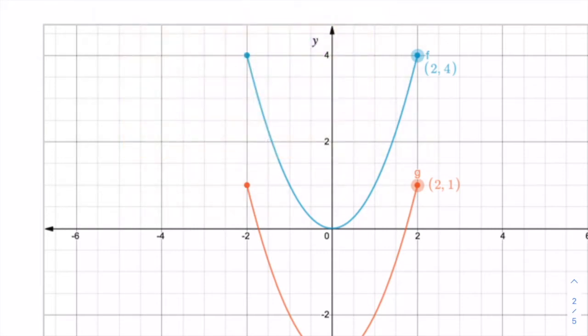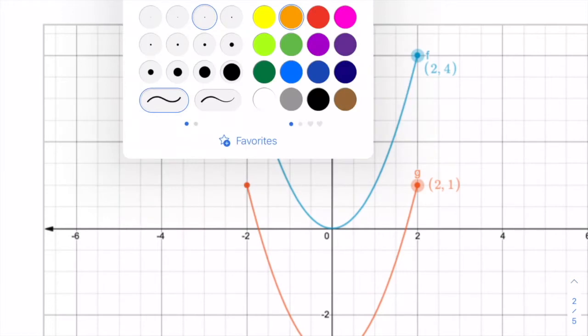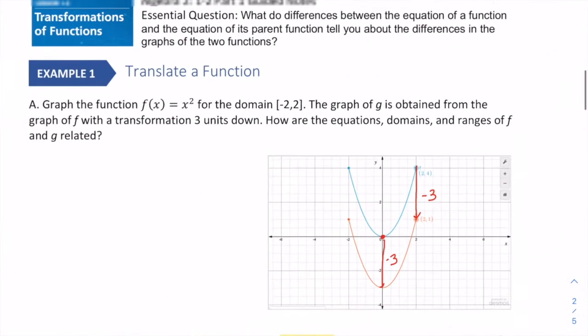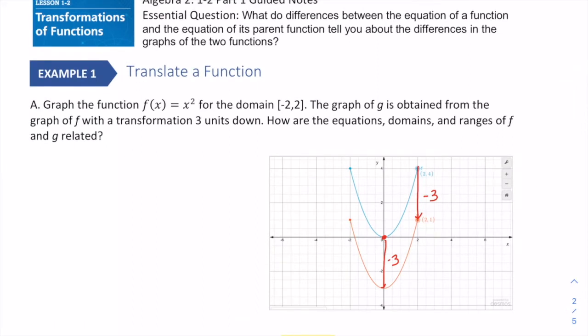And you can see that from this point to 4, it gets shifted down 3. And all the points here, this is (0, 0), this goes down 3. And so that transformation was -3.